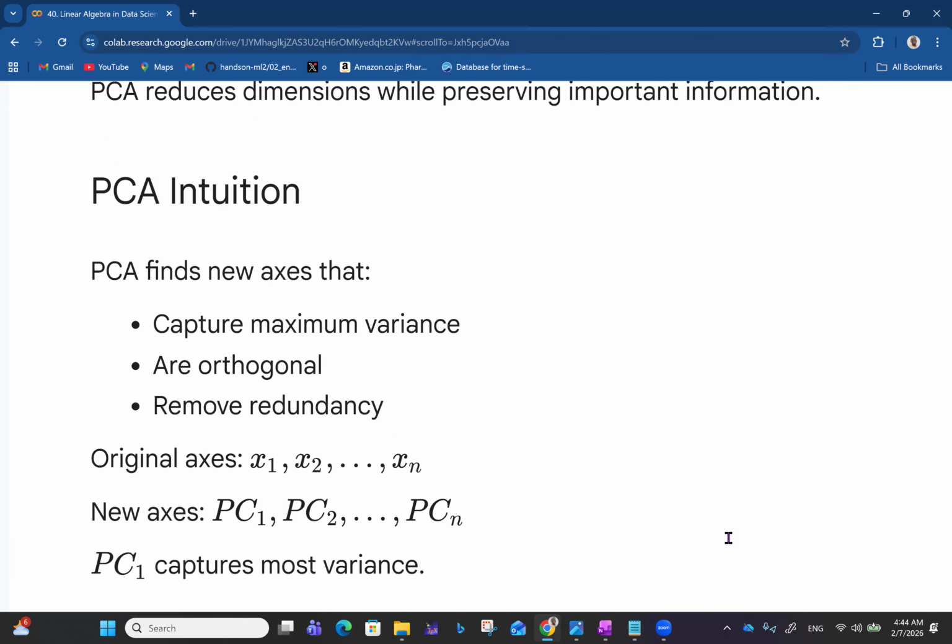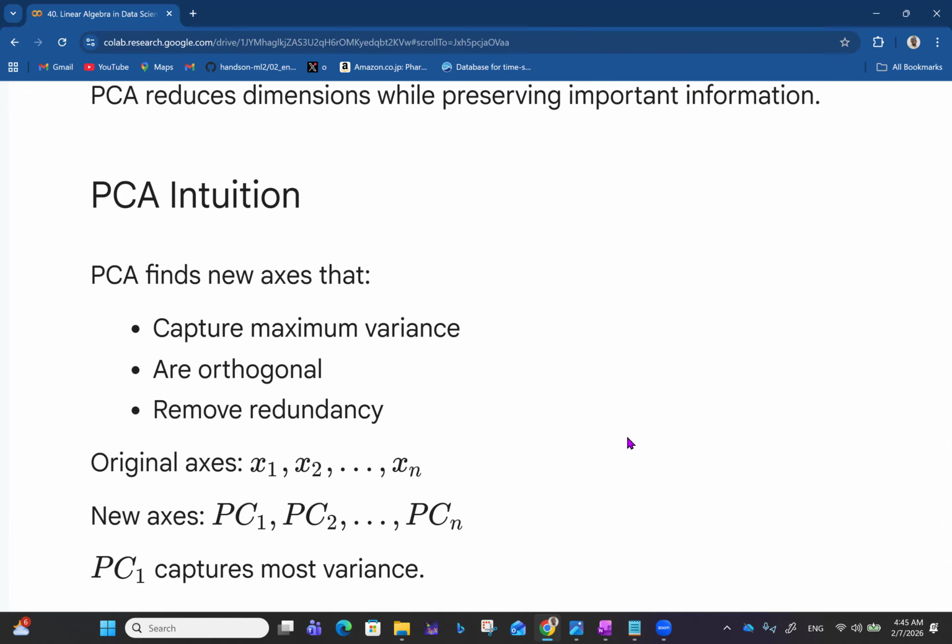So the intuition of PCA is such that it finds new axes that capture maximum variance that are orthogonal. You see orthogonality coming into this now, because you can look at these whole features as vectors. And then it also removes redundancy. We talked a lot about the idea of independent vectors.